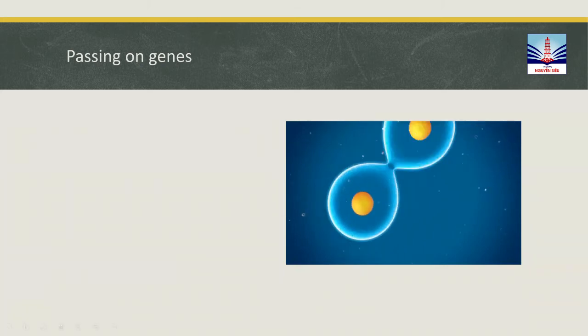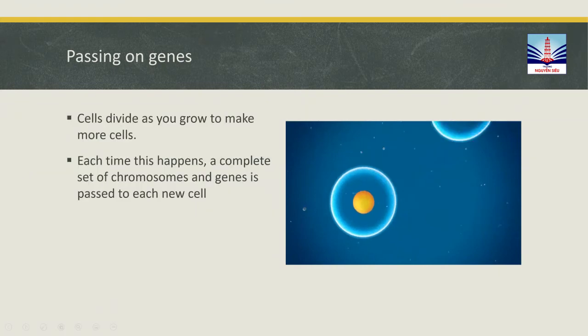That seems pretty reasonable. And each time this happens, a complete set of chromosomes and genes is passed to each new cell. That means some of the chromosomes from the parents, and therefore the genes as well, are passed to the new cells.